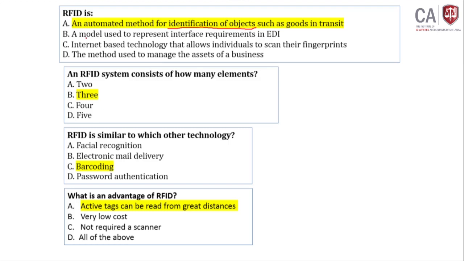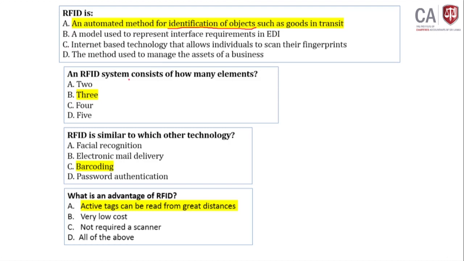If you have learned it well, I think this is an easy question for you. When you read the other options, it is automatically identified that this is the best answer. The other answers are about a model used to represent interfaces required in EDI, so I am not going to read those other answers.